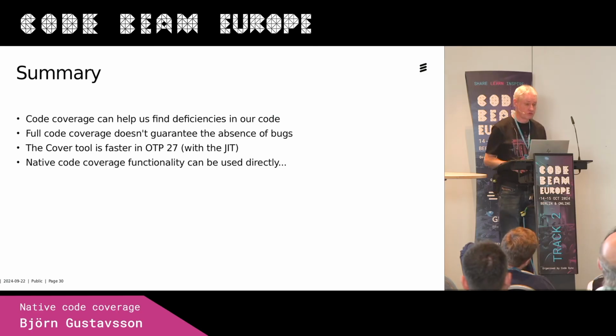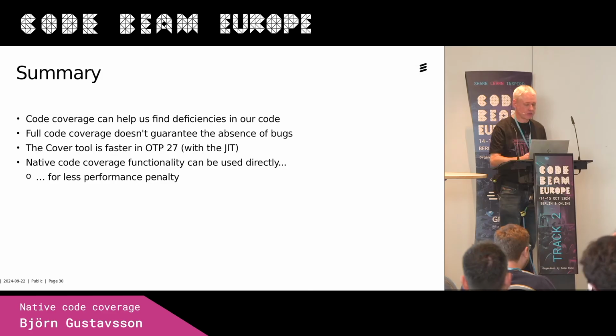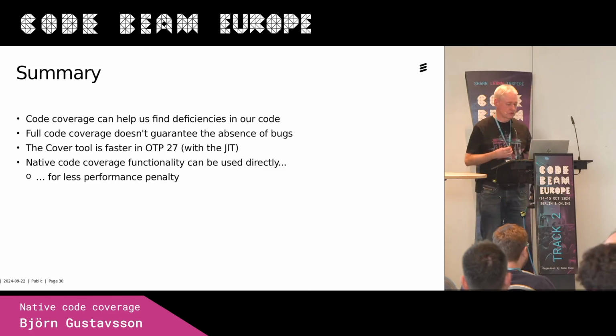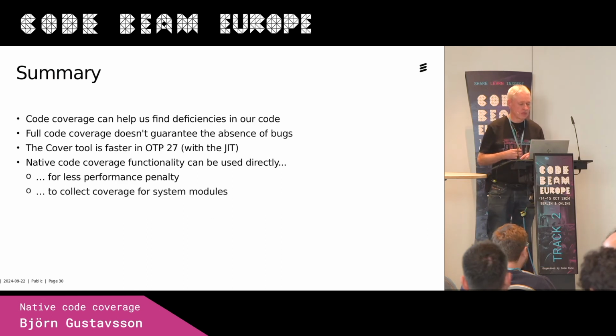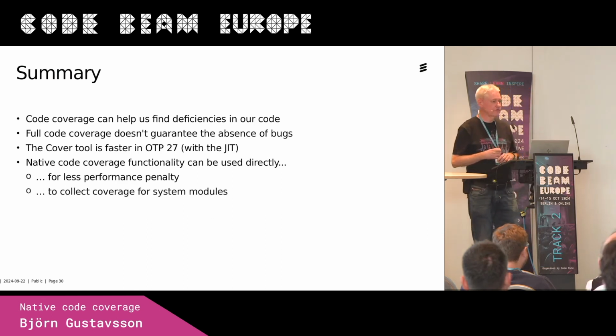So as I showed, the native code coverage function can be used directly if you need less performance penalty, or to collect coverage for system modules, for example the erts module, or server processes, for example the code server.